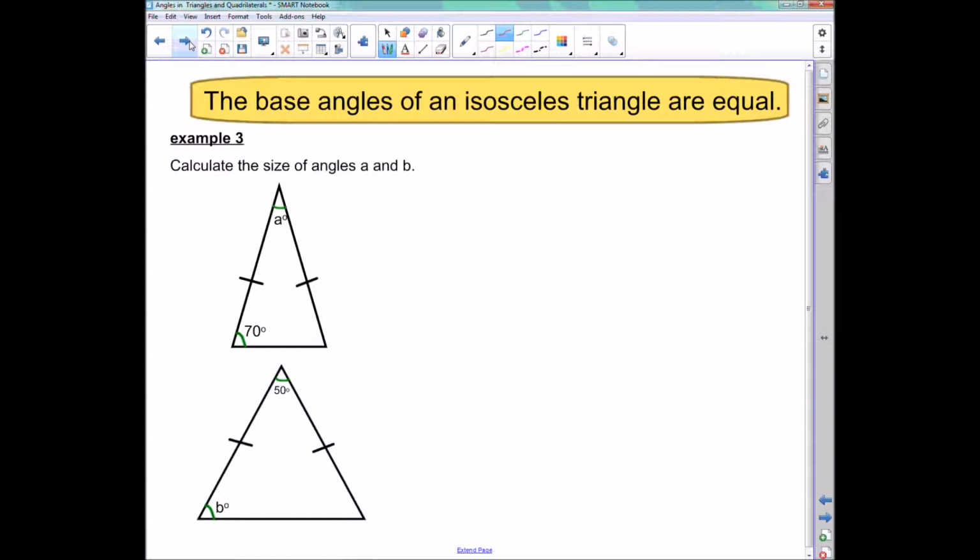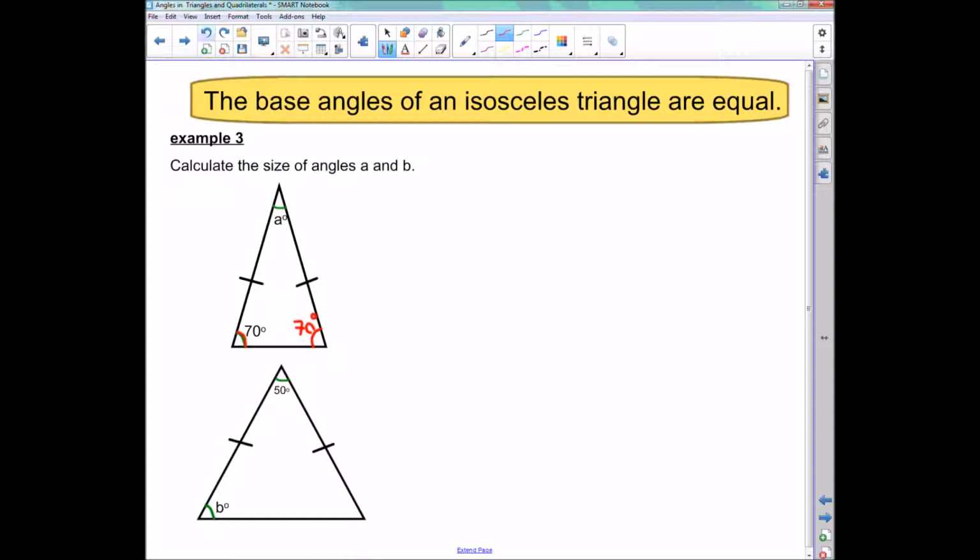So looking at this first example, it means that this angle down the bottom here is equal to the other base angle, which is here. So this means that this angle down the bottom here is also 70 degrees. So that means in an isosceles triangle question, they only need to give you one angle and you should be able to work out all the rest.